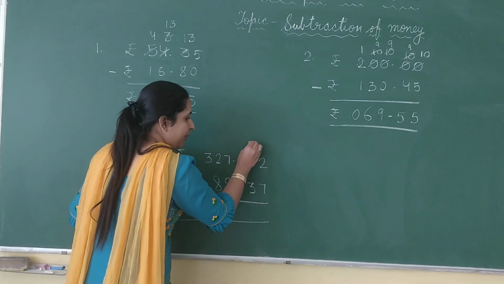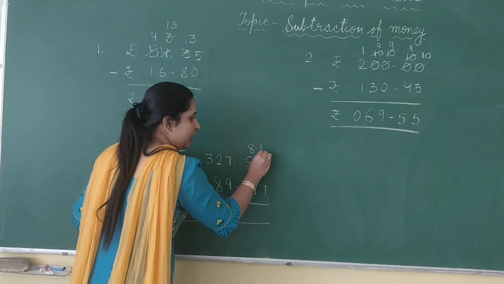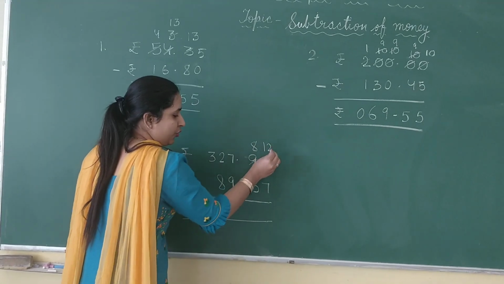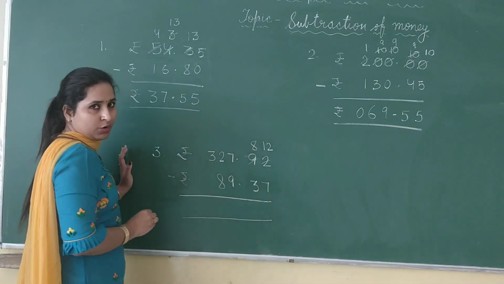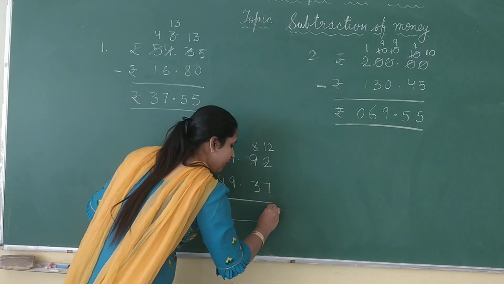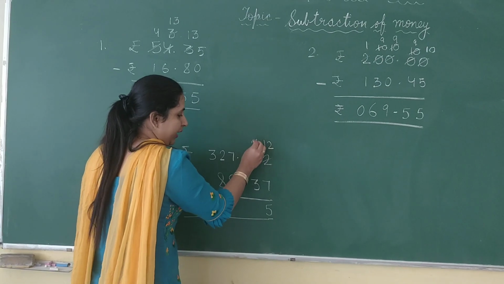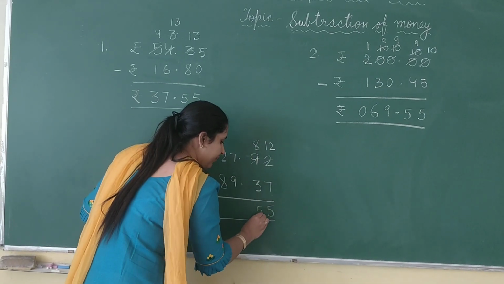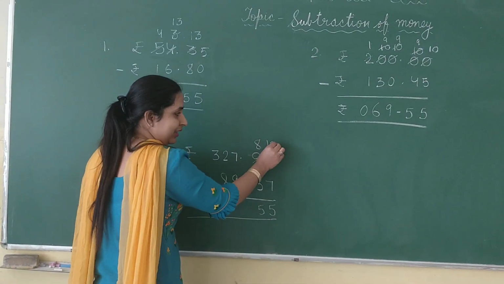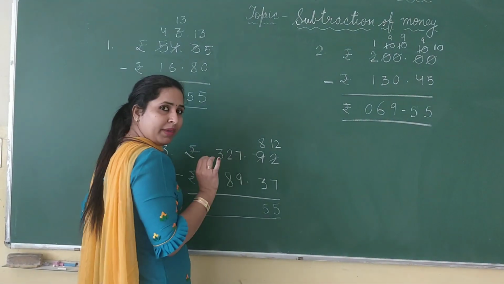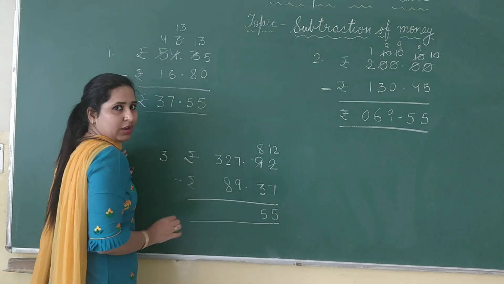So 9 will become 8 and 2 will become 12. Now from 12 you will subtract 7. When you count, you will get 5. 12 minus 7 is 5 and here it is 8. So 8 minus 3 is 5. If you write the numbers like this after giving borrows, you will not make mistakes. So please write here carefully.